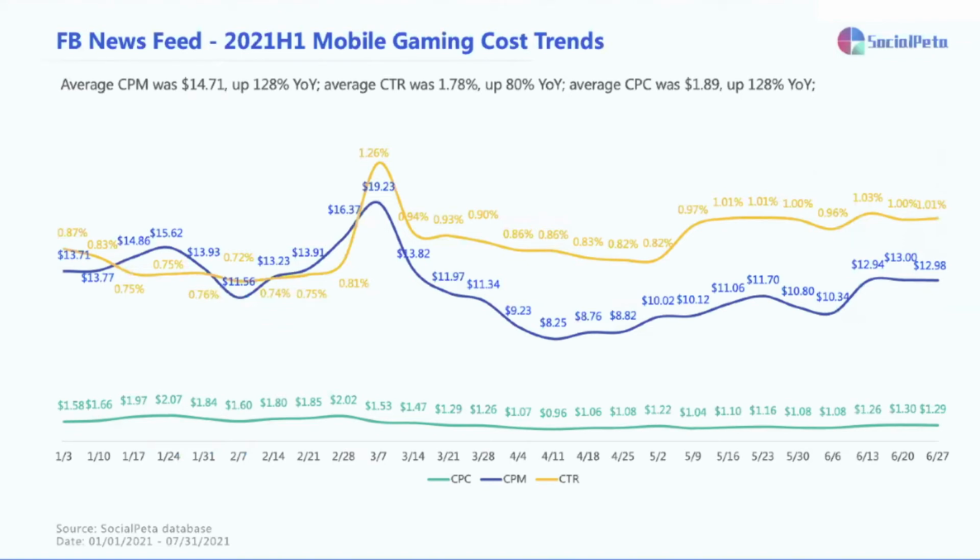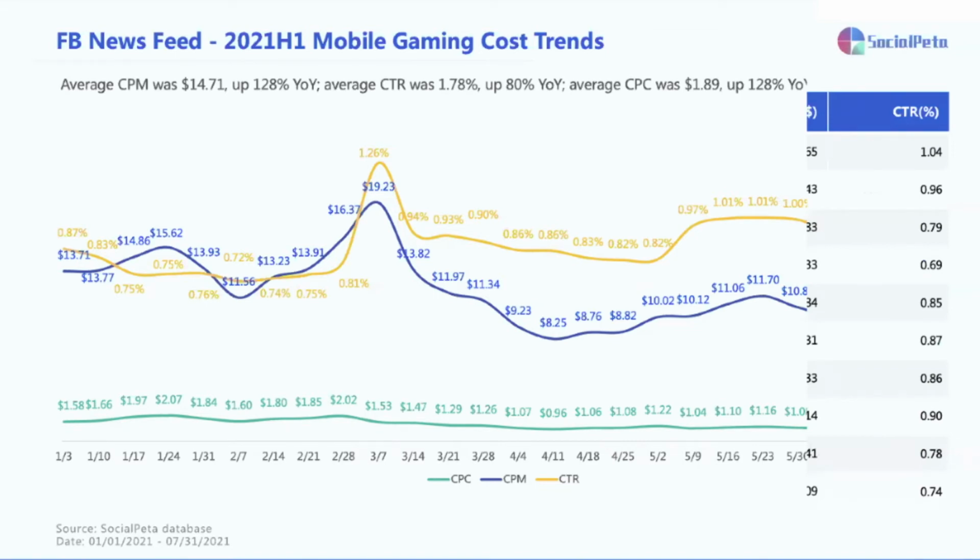On Facebook newsfeed, we can see that the average CPM for Facebook is about $15, and the year-on-year growth is 128%. Well, the average CTR is 1.78%, and its year-on-year growth rate is 80%.